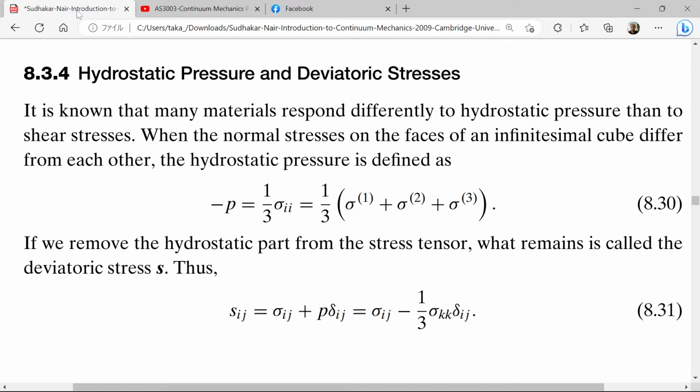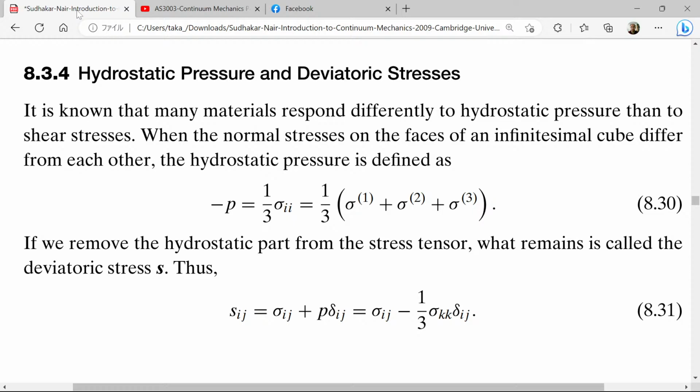Hydrostatic pressure and deviatoric stresses. It is known that many materials respond differently to hydrostatic pressure than to shear stresses.